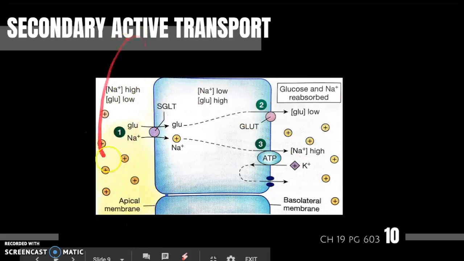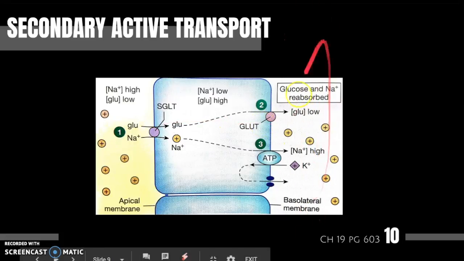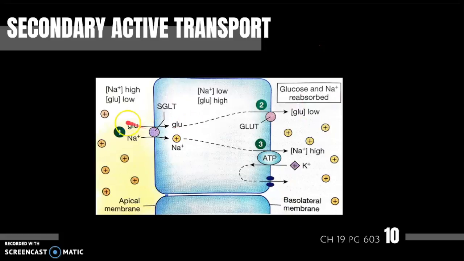This would be, for example, the walls of the nephron, and then the glucose is reabsorbed back into the extracellular matrix, and that usually happens through sodium-driven reabsorption, so just kind of follow sodium as sodium flows down the concentration gradient.